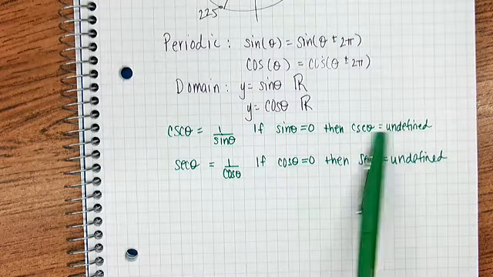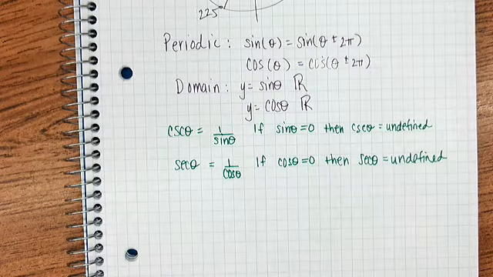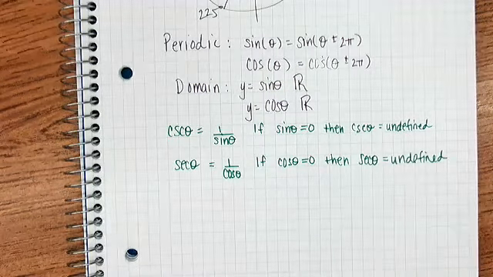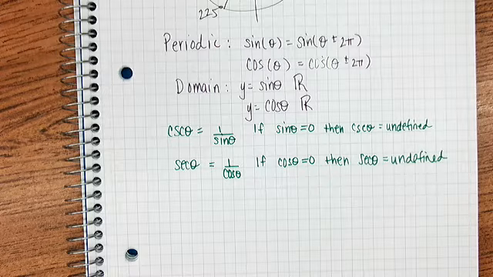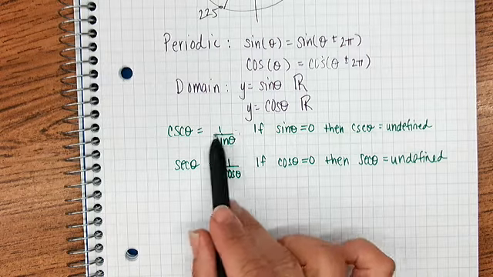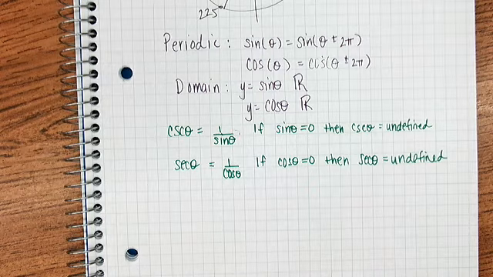There's no way that the domain can be all real numbers. There are places on the unit circle where the sine is 0. So therefore, the domain can't be all real numbers. I have to figure out where the sine is 0.